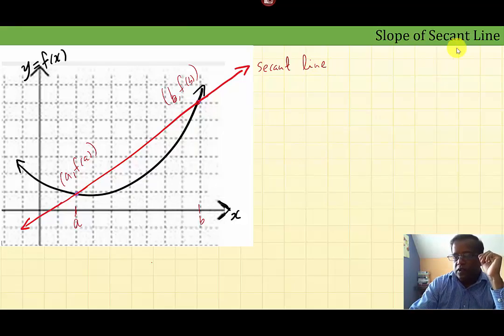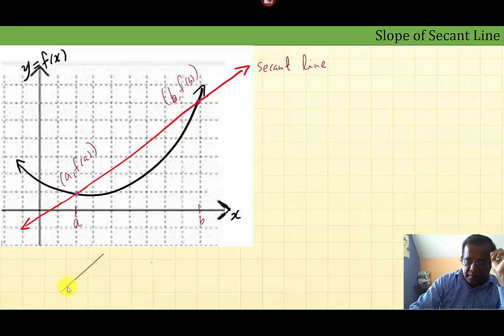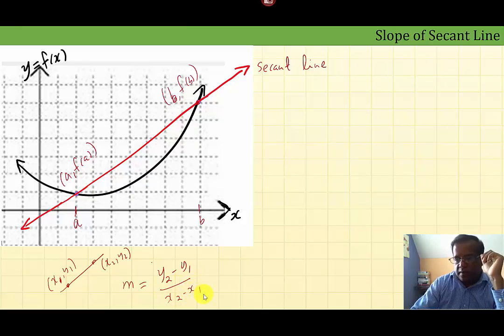Now we want to know the slope of the secant line. We know how to find the slope of a line going through 2 points, say (x1, y1) and (x2, y2): it is given by y2 minus y1 over x2 minus x1.